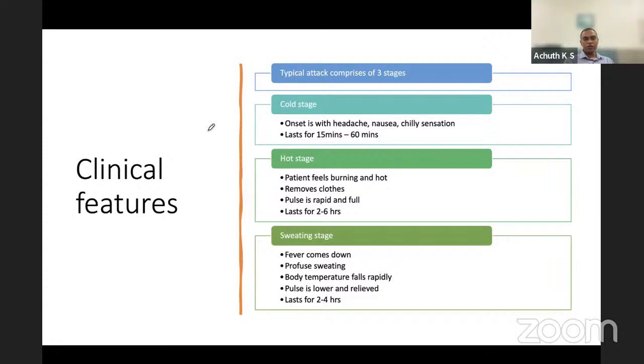So the total duration varies from somewhere around 2.5 hours to 11 hours. It can happen anywhere in between these.